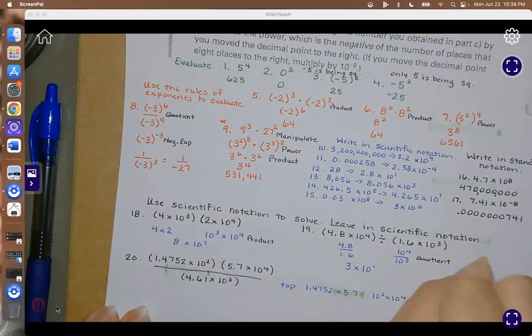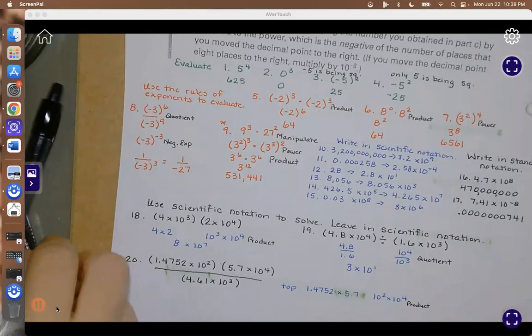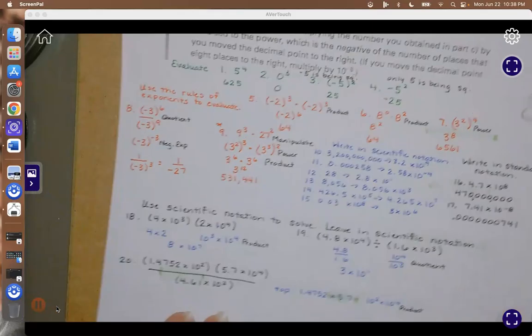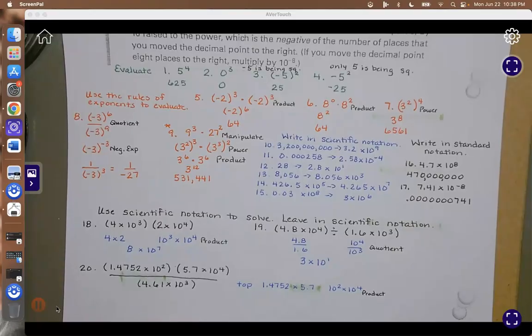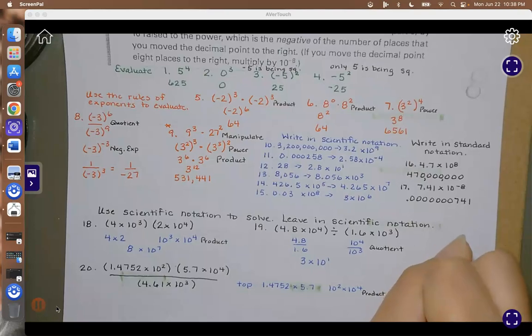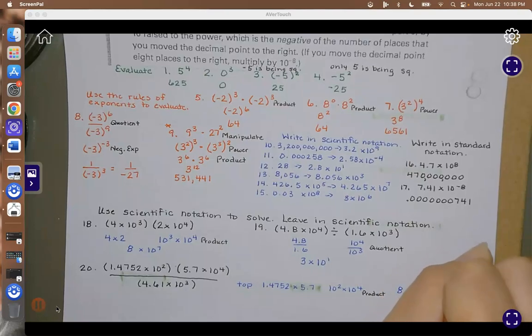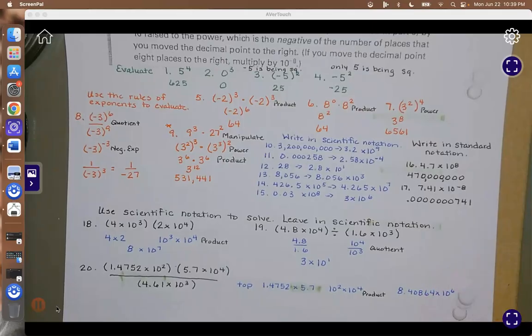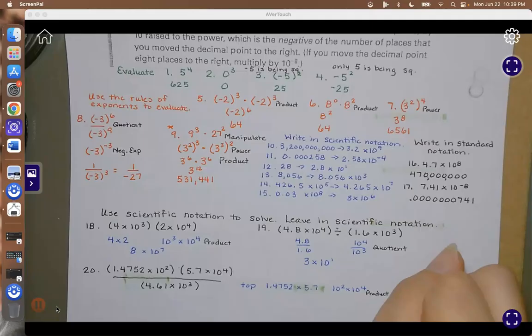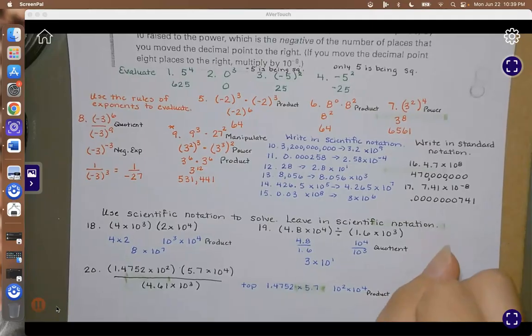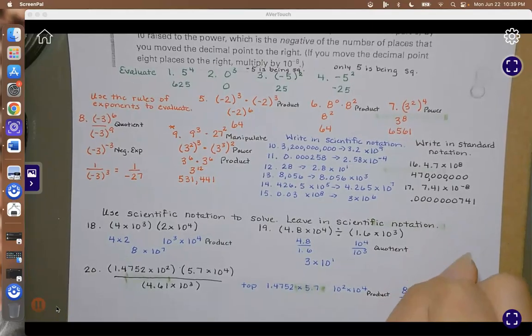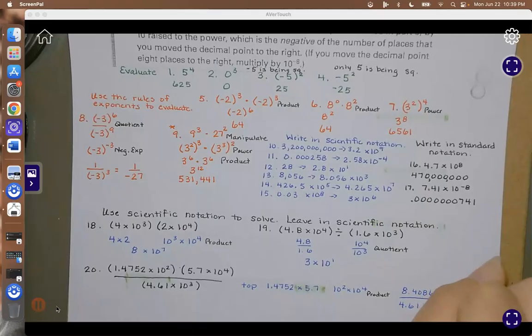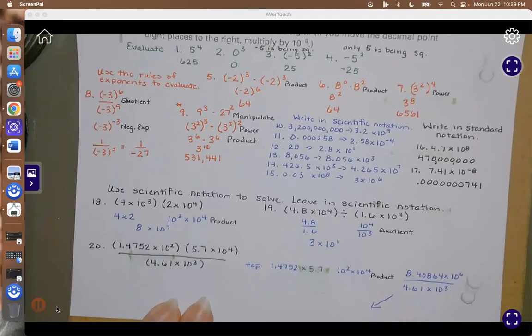And this is product rule. So this is going to become 8.40864 times 10 to the 6th. And then we're going to have it over 4.61 times 10 to the 3rd. And we'll come over here.